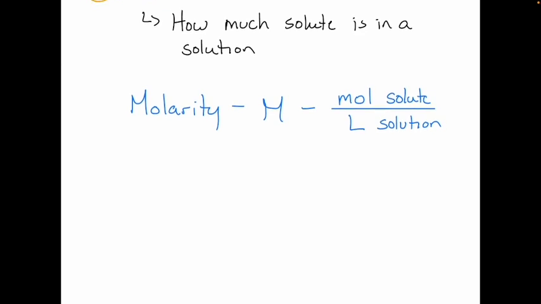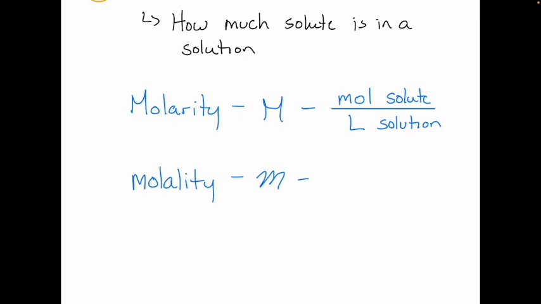All right. The other one, it's fairly similar, is molality. Molality is represented with a fancy italicized lowercase m.